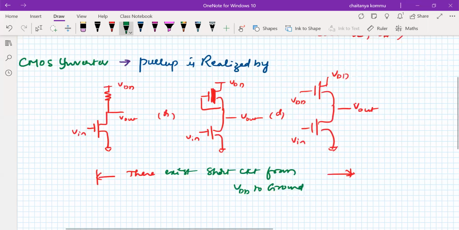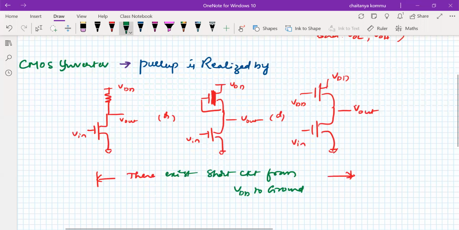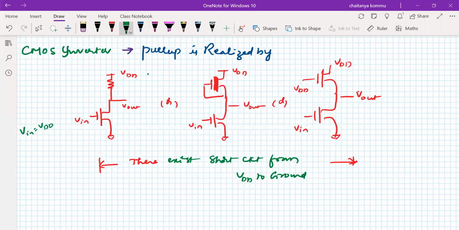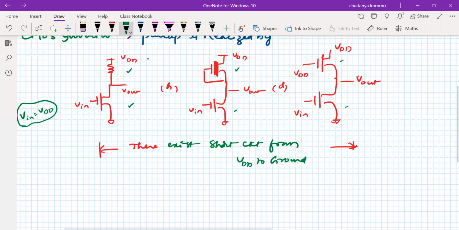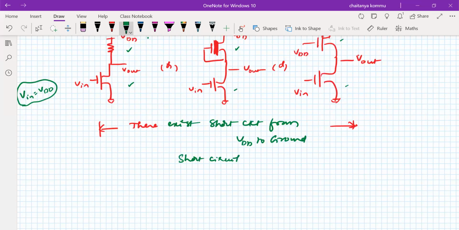When Vin is equal to VDD, both pull-up and pull-down are on. That means this structure allows a short circuit path from VDD to ground, which leads to short circuit current. That leads to power consumption. So this power consumption is called static power consumption.